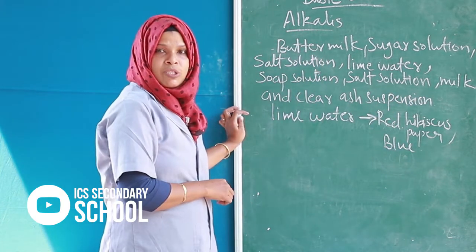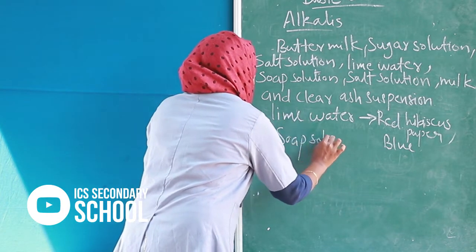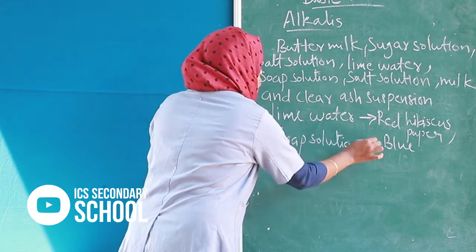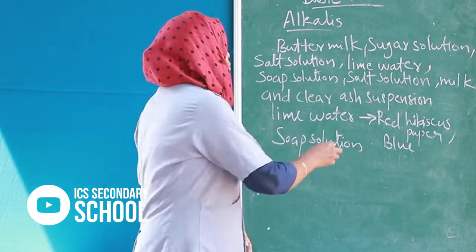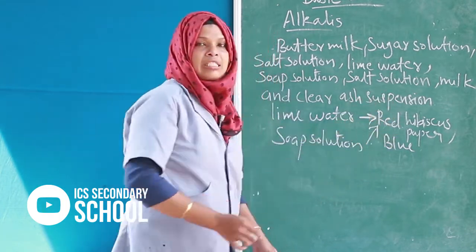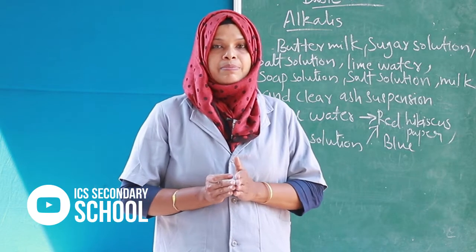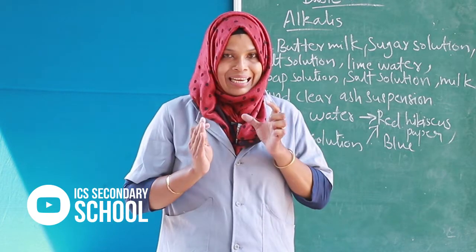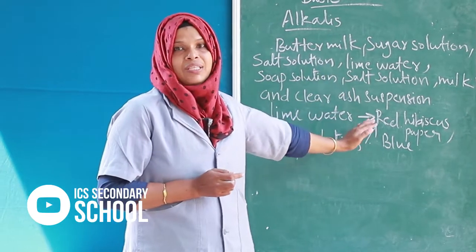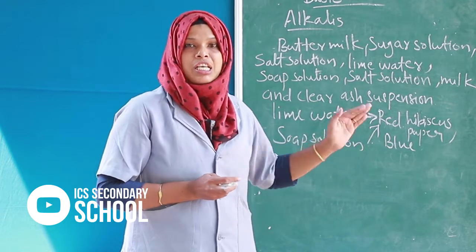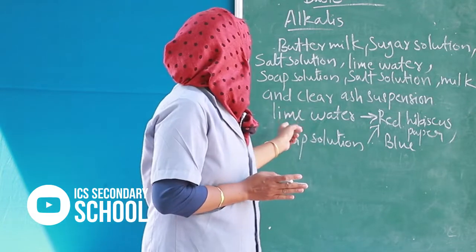Also in soap solution, the red hibiscus paper changes into blue. First you take red hibiscus paper and dip it in these solutions. You can find out that the red hibiscus paper changes its color to blue in lime water and soap solution.